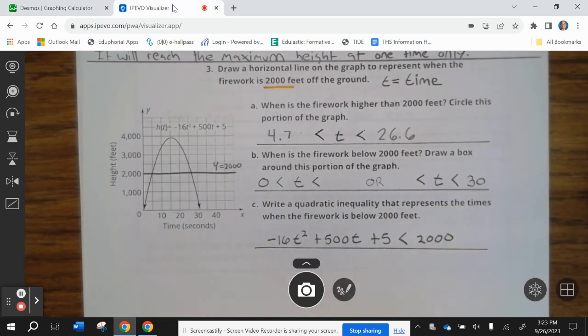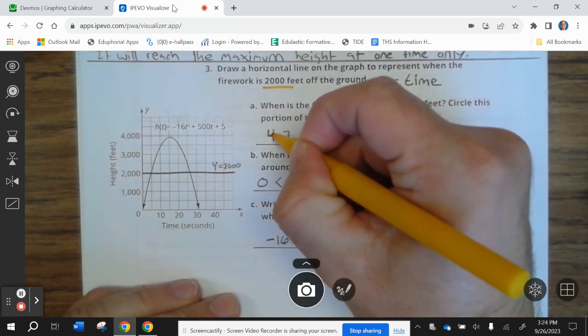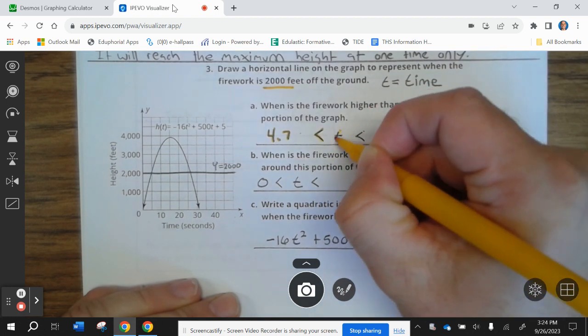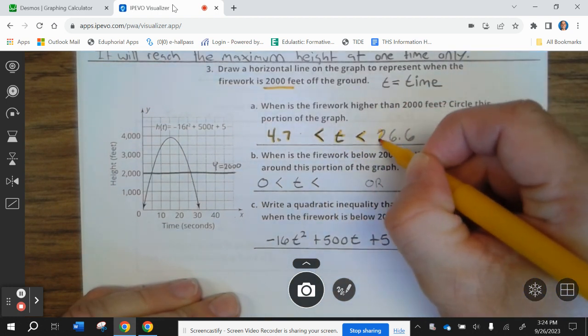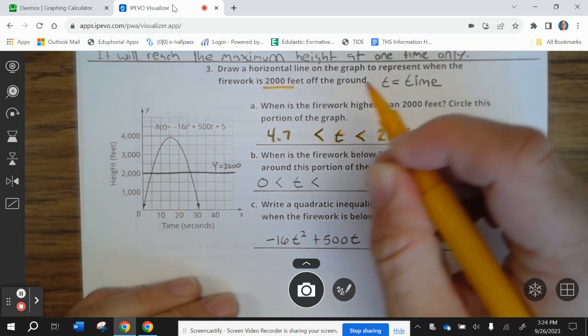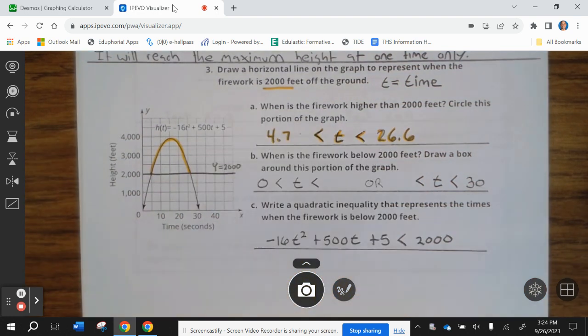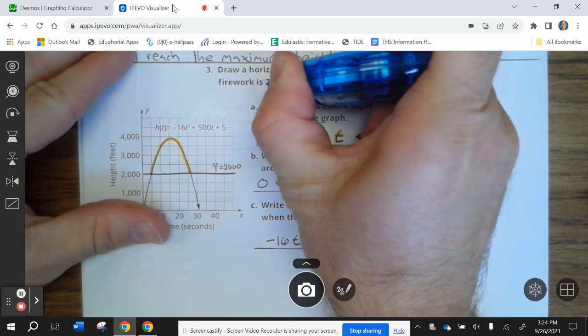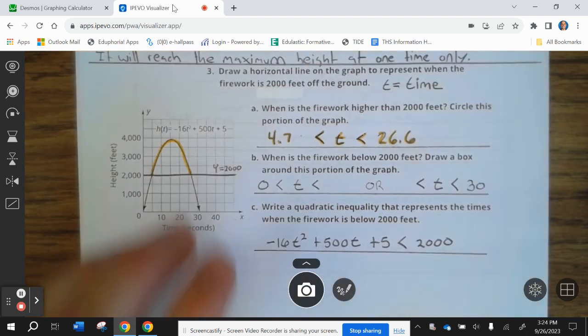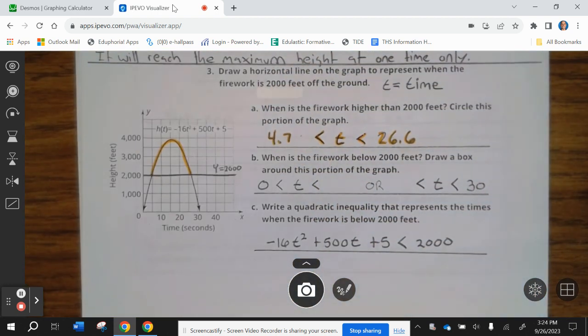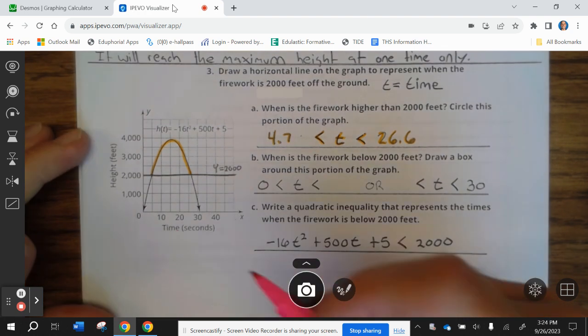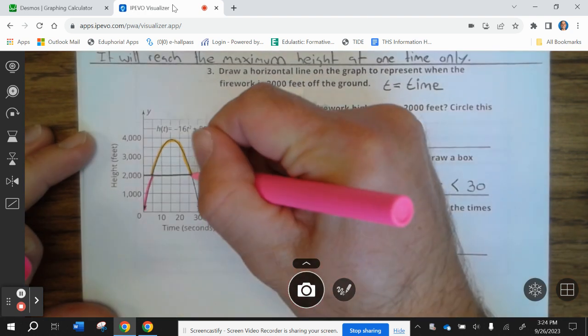When is the firework below 2,000 feet? Draw a box around the portion. So when it's above, it's right here. Now, when it's below, it's right here and right here.